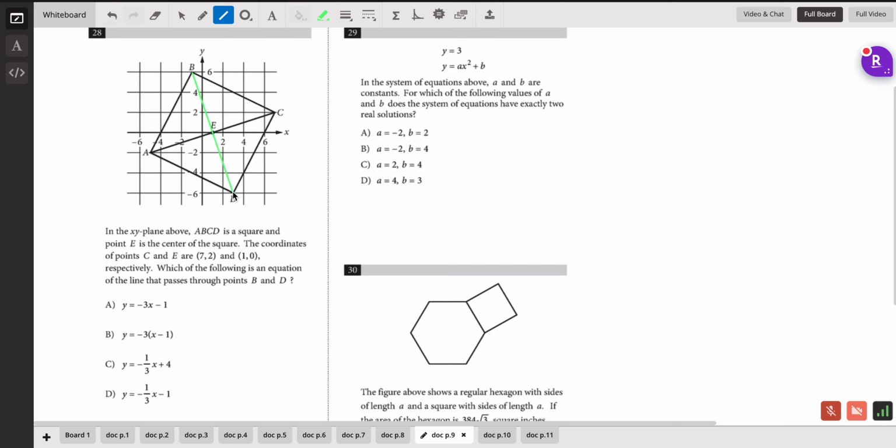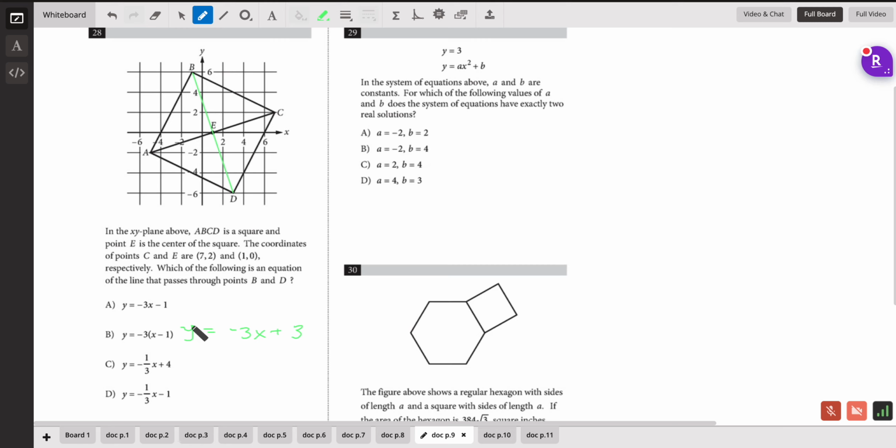The first thing I can see, you don't even have to solve this, guys, is that this is going to be a negative slope. So see how we need to multiply this out. Let's just go ahead and rewrite this: y equals -3x plus 3.